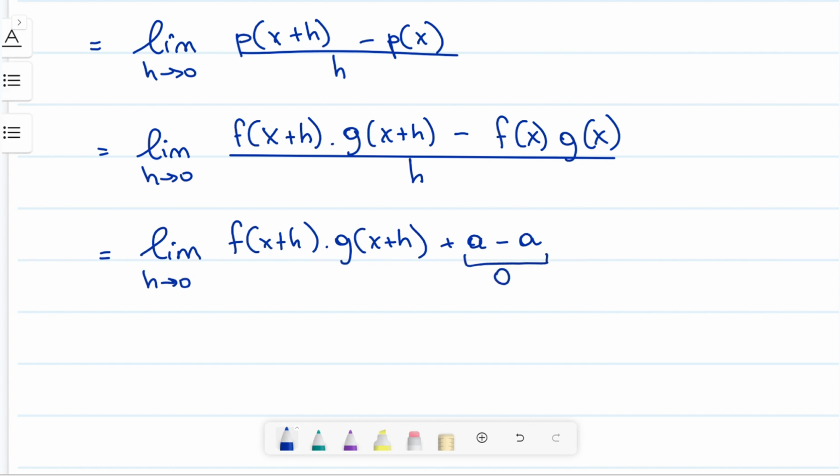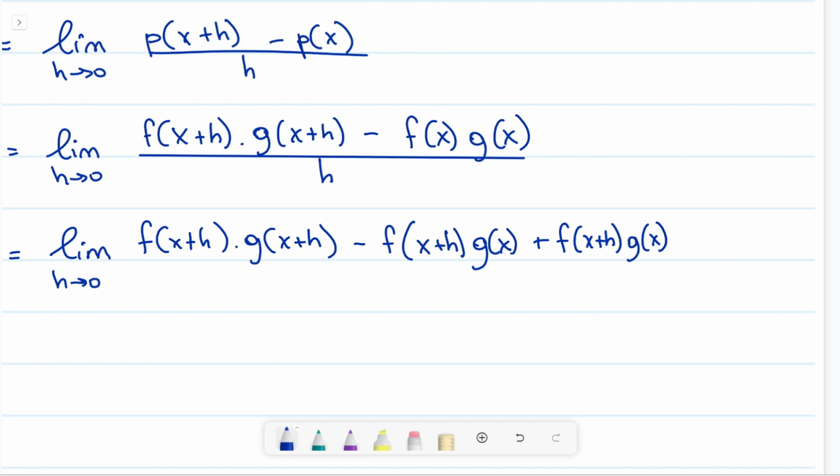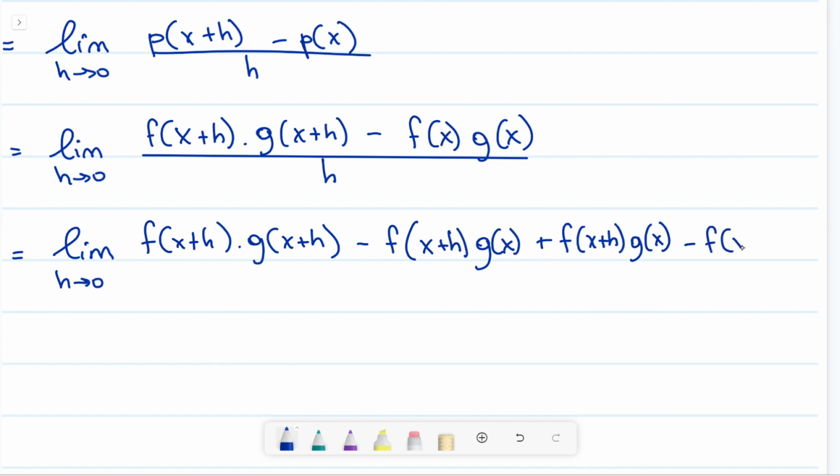So I just added 0 to my numerator, and this is what I will be doing. I will start with a minus, so I will add minus f of x plus h times g of x plus f of x plus h times g of x, and I will leave the last term the same. All of that divided by h.